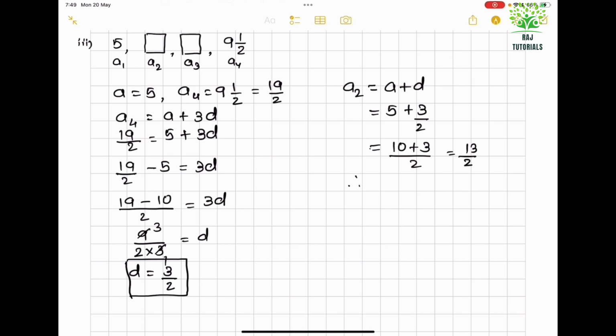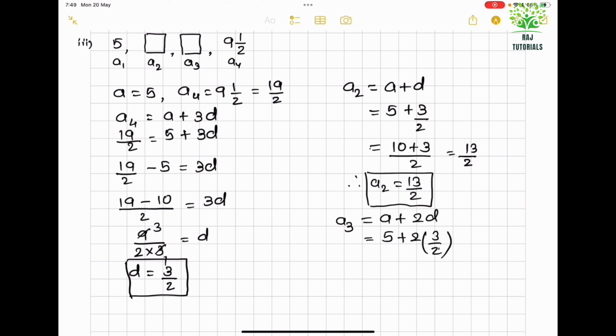So therefore a_2 equals 13 by 2, and a_3 will be a plus 2d, 5 plus 2 into 3 by 2, the 2s cancel, so 5 plus 3, a_3 will be 8.